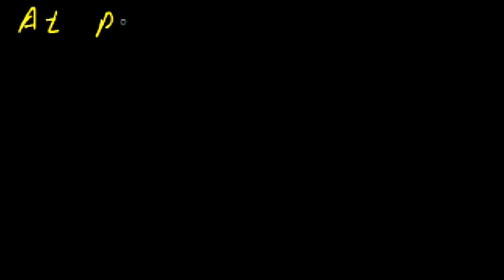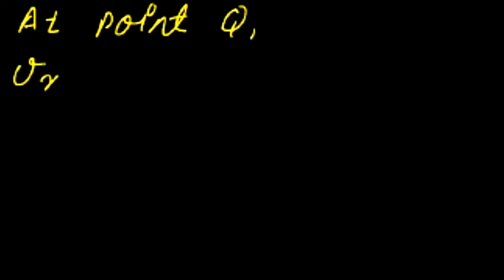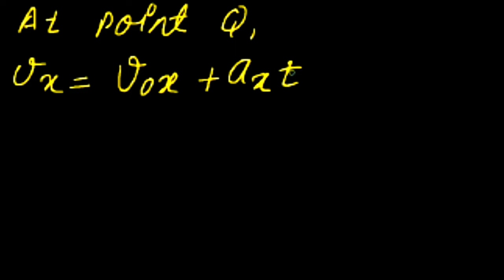Now let's take the component of velocity at point Q. The x component of the velocity is v_x equals v_0x plus a_x times t.